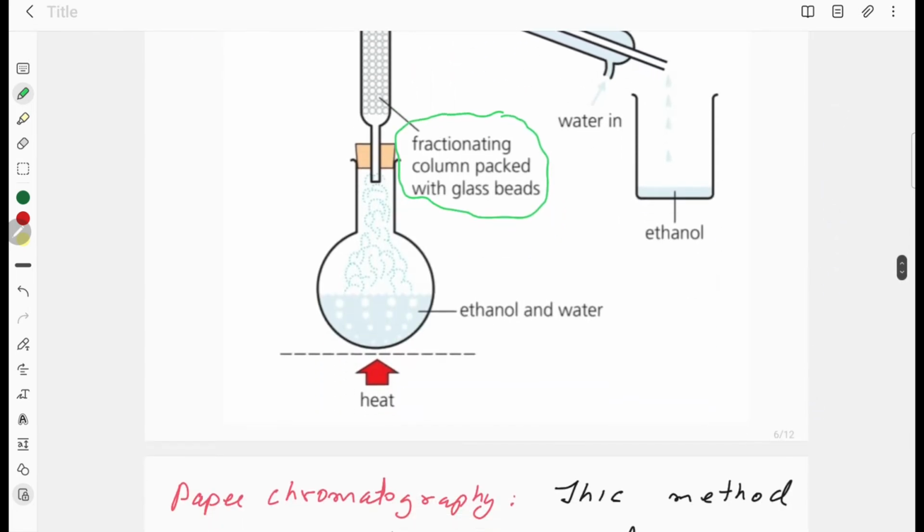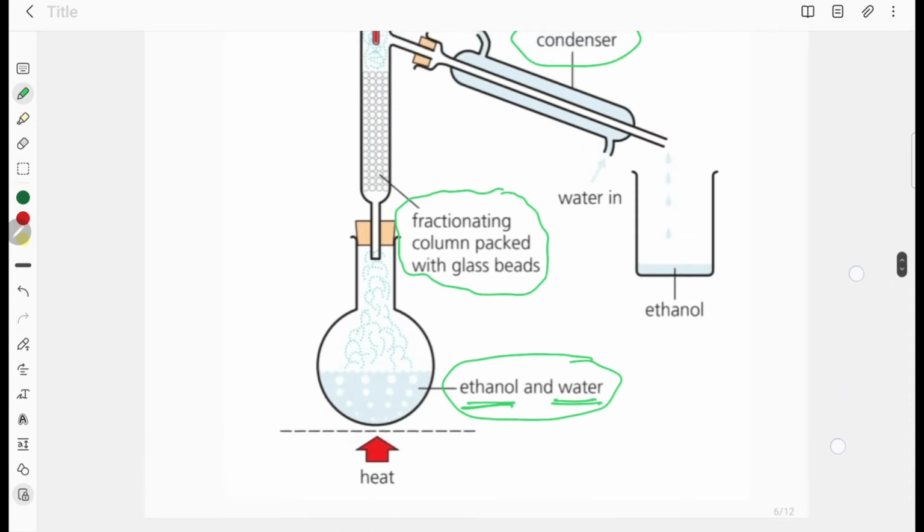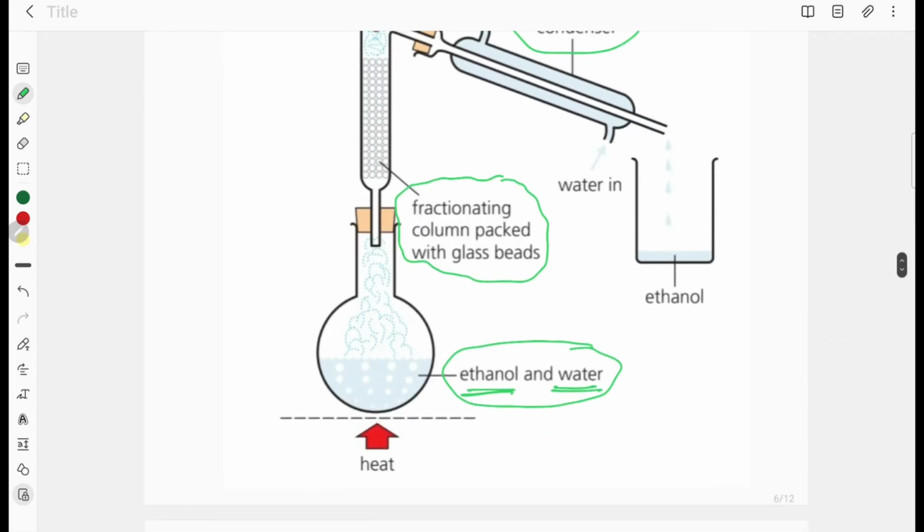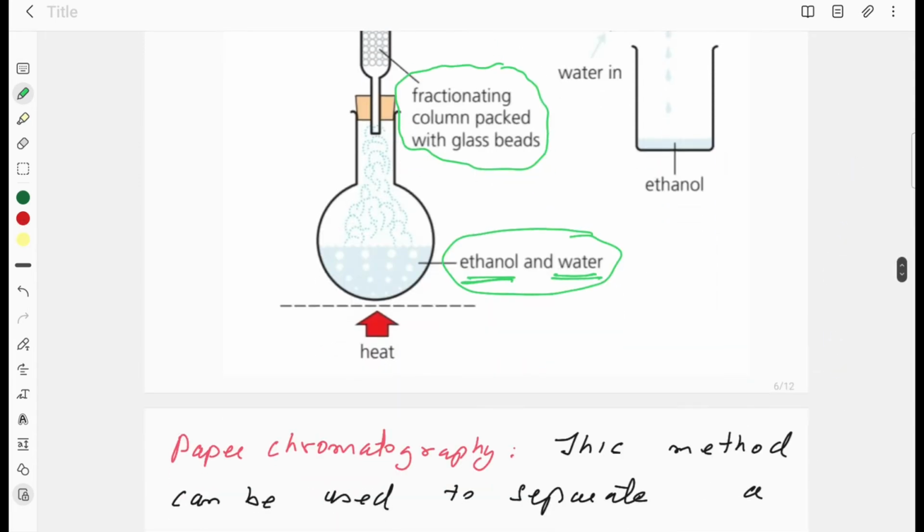So in the mixture of ethanol and water, ethanol has a lower boiling point, somewhat 78 degrees centigrade, and water has a higher boiling point, 100 degrees centigrade. So you will get ethanol first at 78, and water will come after that.